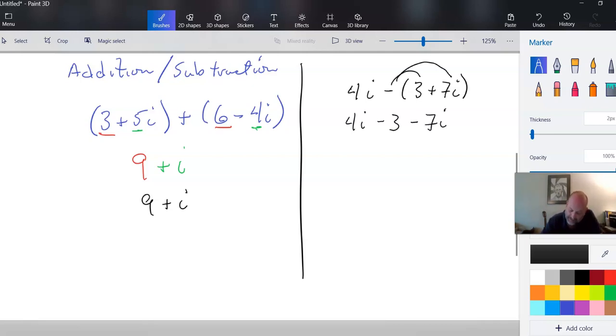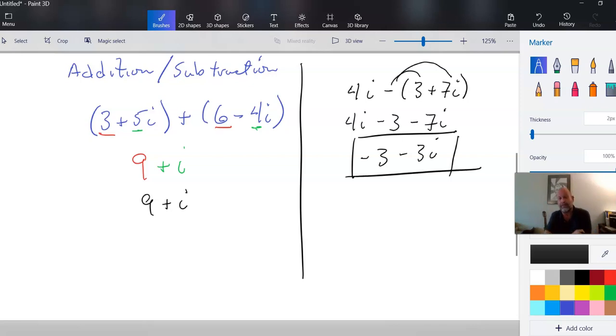And then I can just collect everybody together. You always want to write it so the real part comes first. So the minus 3 comes first. And then I have to see what I get here. 4i minus 7i is minus 3i. So it's minus 3i. And this would be the solution to that particular problem.